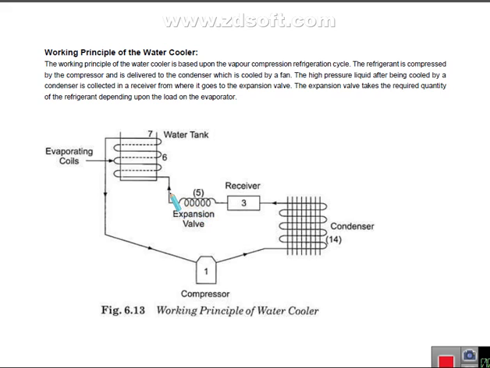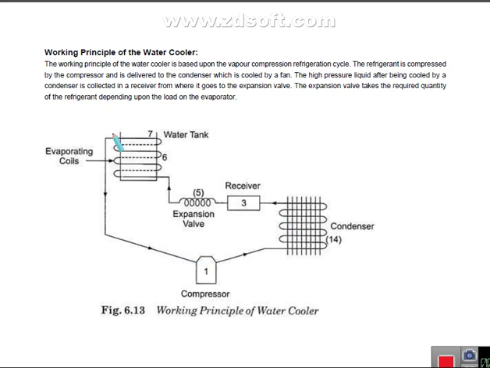At the expansion valve, this high pressure refrigerant is allowed to expand into a large volume, where it takes the latent heat of the area in which the water or working fluid is present. So it takes the temperature from the water, leaving behind low temperature water in the tank, and after the evaporator coil, it is again fed to the compressor side.